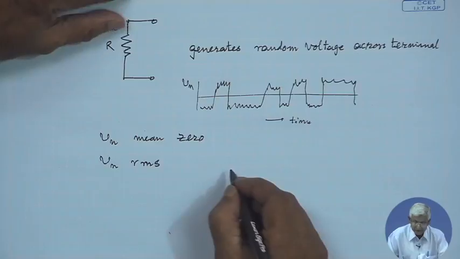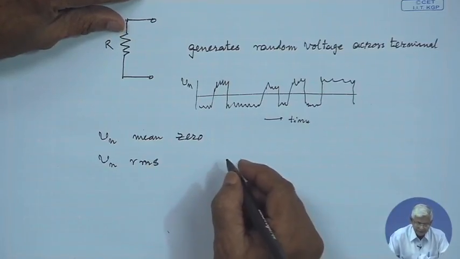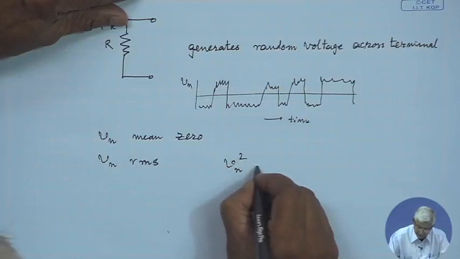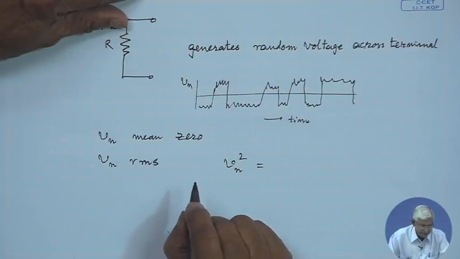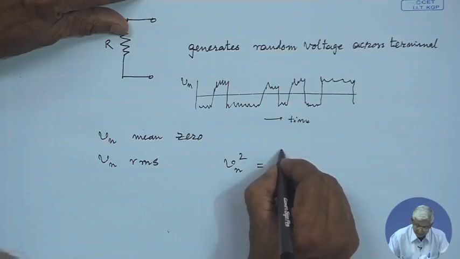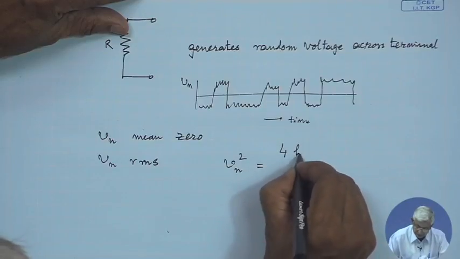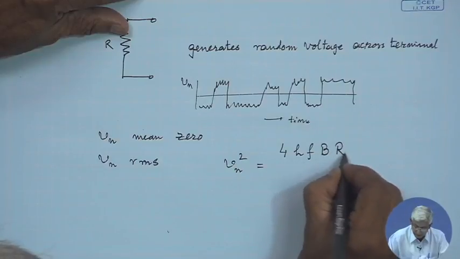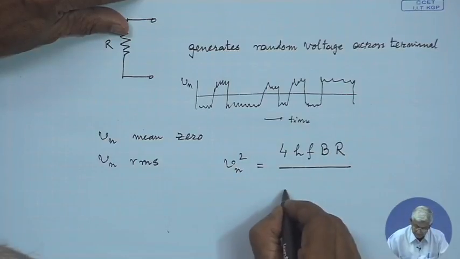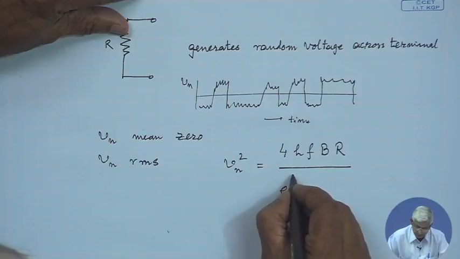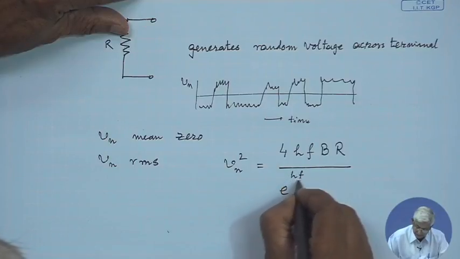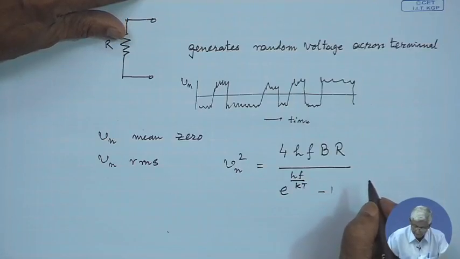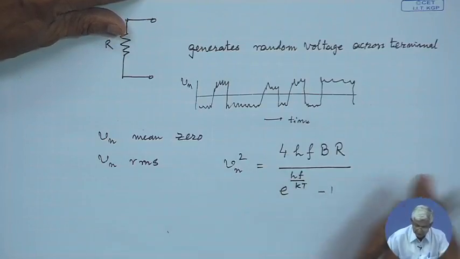It is given by, if you remember in our physics course, Planck's black body radiation, which is V n square equal to 4 h f B R by e to the power h f by k T minus 1. Now, there are a lot of constants and other things.